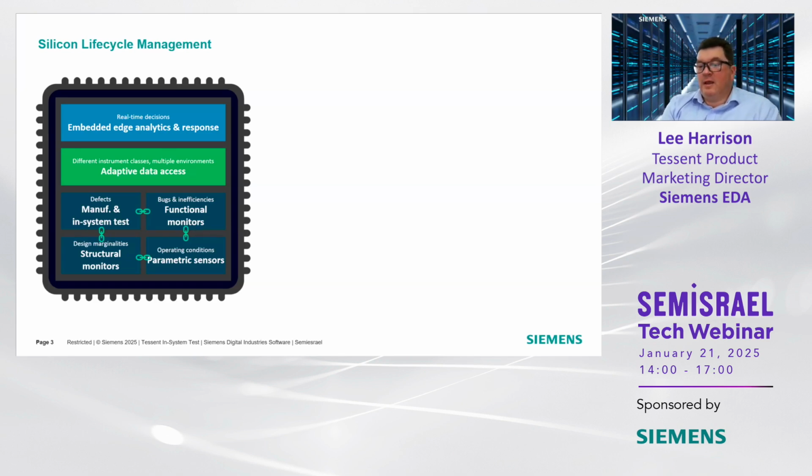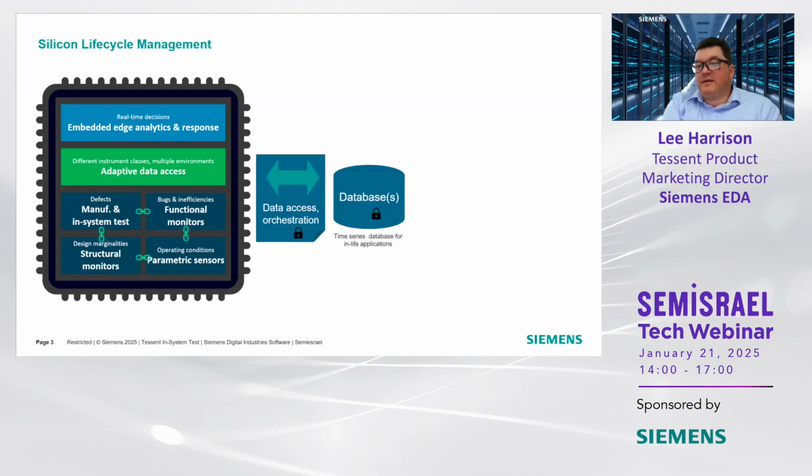So coupling DFT testing along with monitoring infrastructures, whether that's structural monitoring, parametric monitoring, but generally everything that comes within the functional operation of the silicon when it's in its end product.